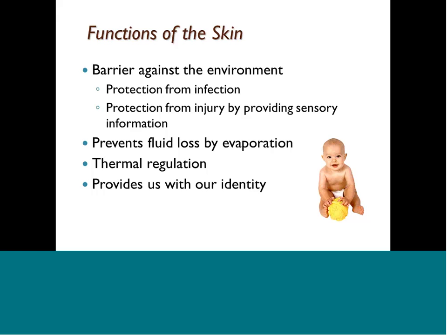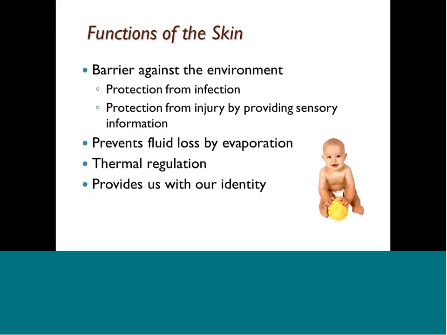In the summertime, it's hot outside, so we sweat, so we cool off our core body temperature. In the wintertime, it's cold outside, so we will shiver. When we shiver, we generate body heat. Our skin as that blanket maintains that body heat or that temperature.